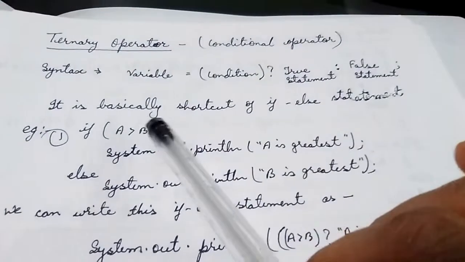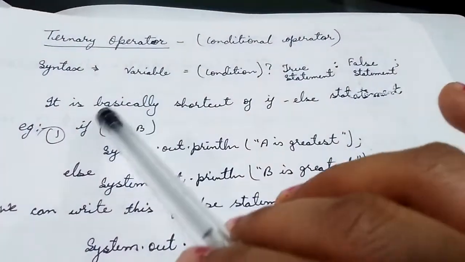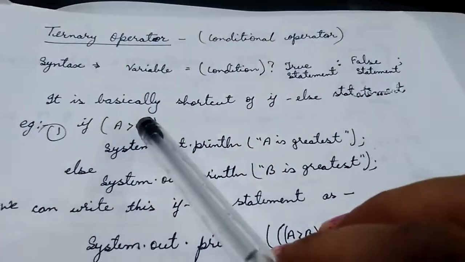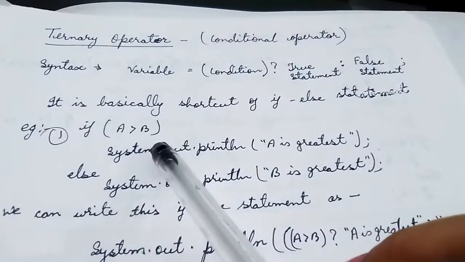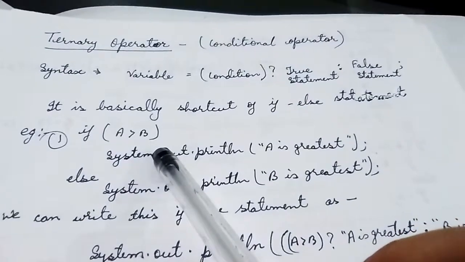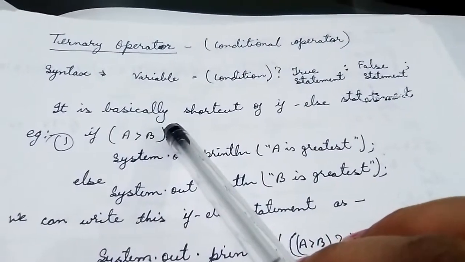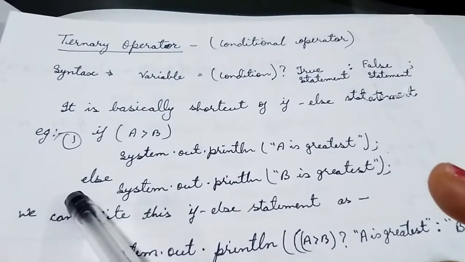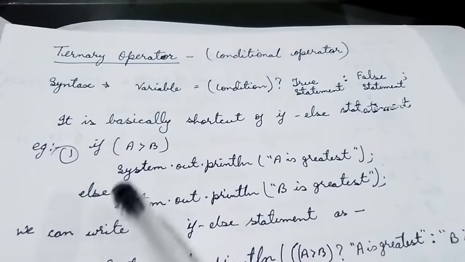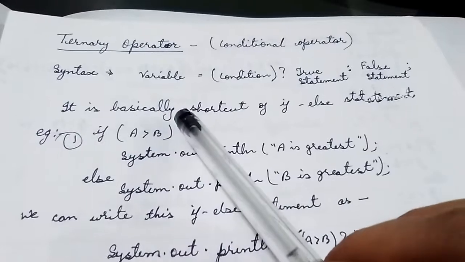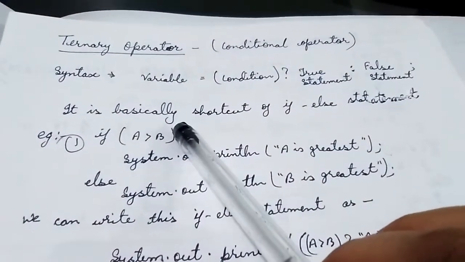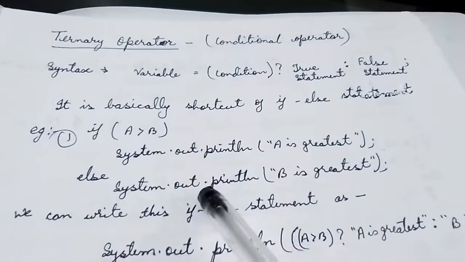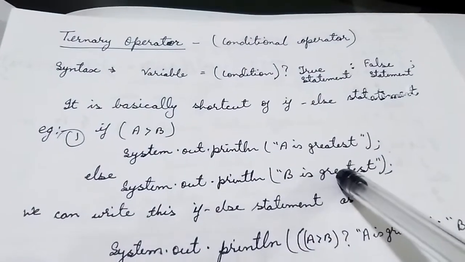It means if the condition A is greater than B returns true, then the statement soon after the if gets executed. And if it returns false, then the else part gets executed, that is, System.out.println B is greatest.